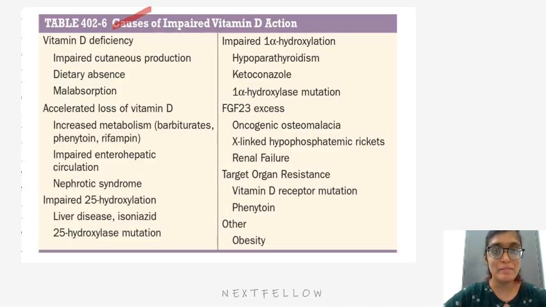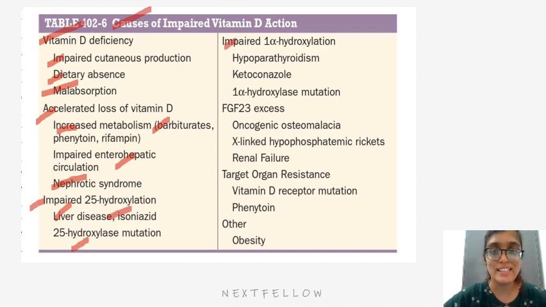Causes of impaired vitamin D action: vitamin D deficiency, that is impaired cutaneous production, dietary absence, malabsorption, accelerated loss of vitamin D, that is increased metabolism like barbiturates, phenytoin or rifampicin, impaired enterohepatic circulation and nephrotic syndrome, impaired 25 hydroxylation, that is liver disease, isoniazid, and 25 hydroxylase mutation.